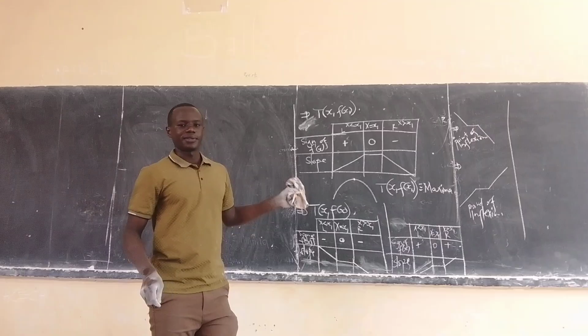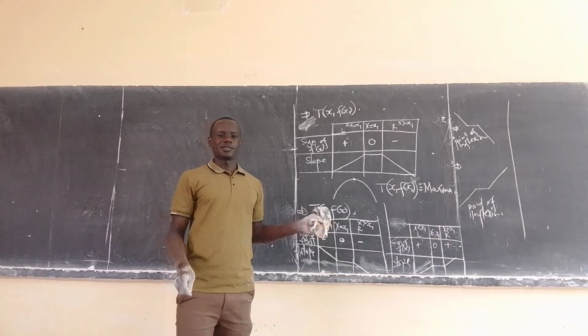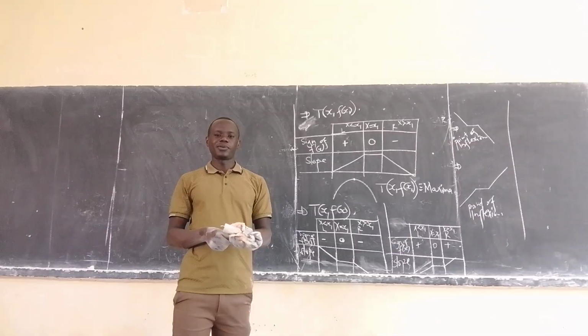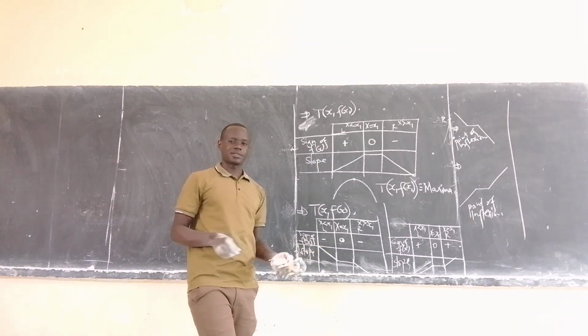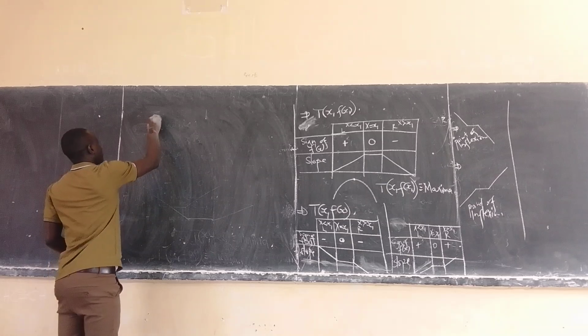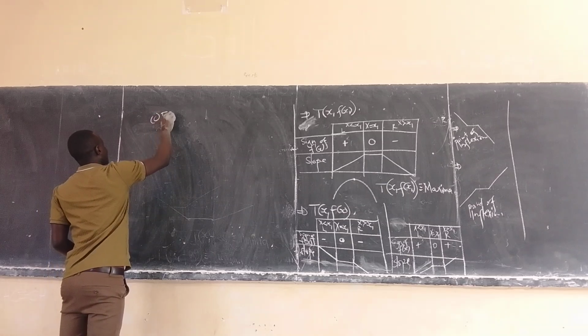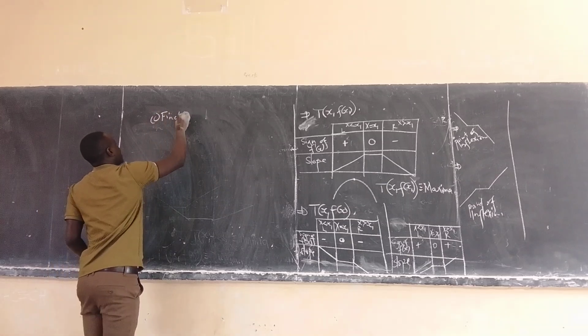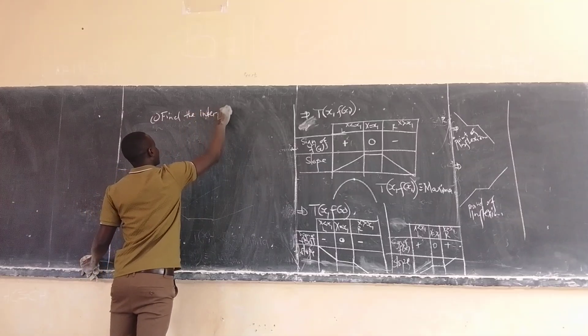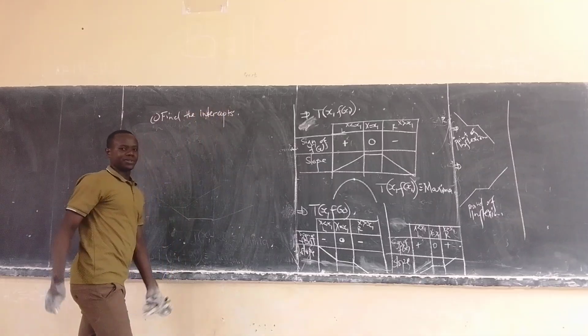The first one, determine the values at endpoints. After determining them, you go to the turning points and their nature, which we have just concluded. Then you also find the intercepts, though it is not very important. You find the intercepts especially when the graph is going to cross from one region to the other.